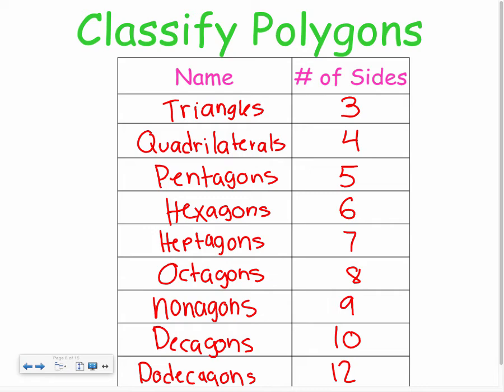Other than that, if we have 11 or anything greater than 12, we simply label it as an n-gon. So for example, if your polygon had 14 sides, it would be labeled as a 14-gon. The gon part is standing for the polygon. The number is telling you the number of sides.